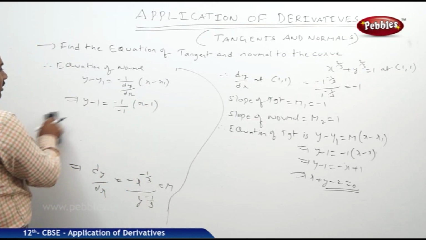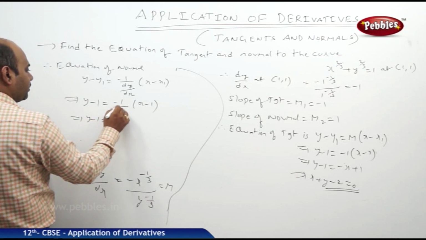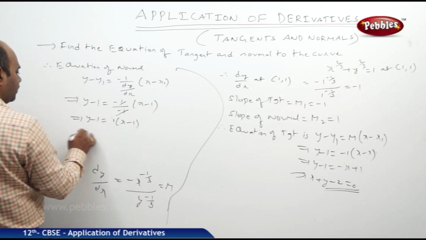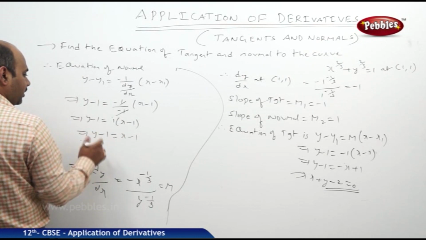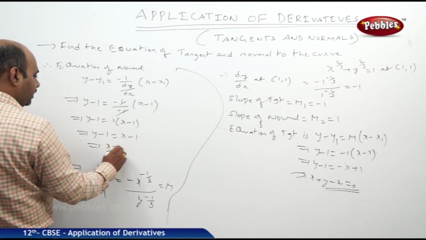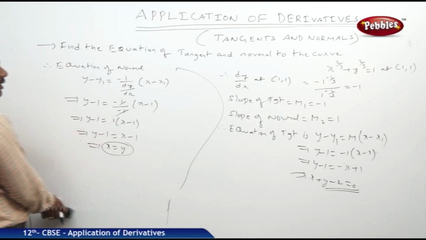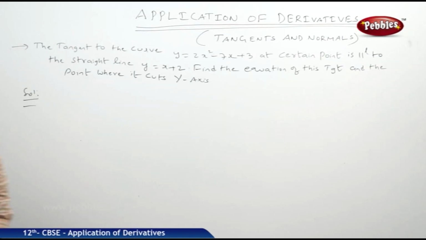The minus minus gets cancelled, so y minus 1 is equal to 1 into x minus 1, which is x minus 1. So finally the equation of the normal is x is equal to y. It's an important one, please copy.